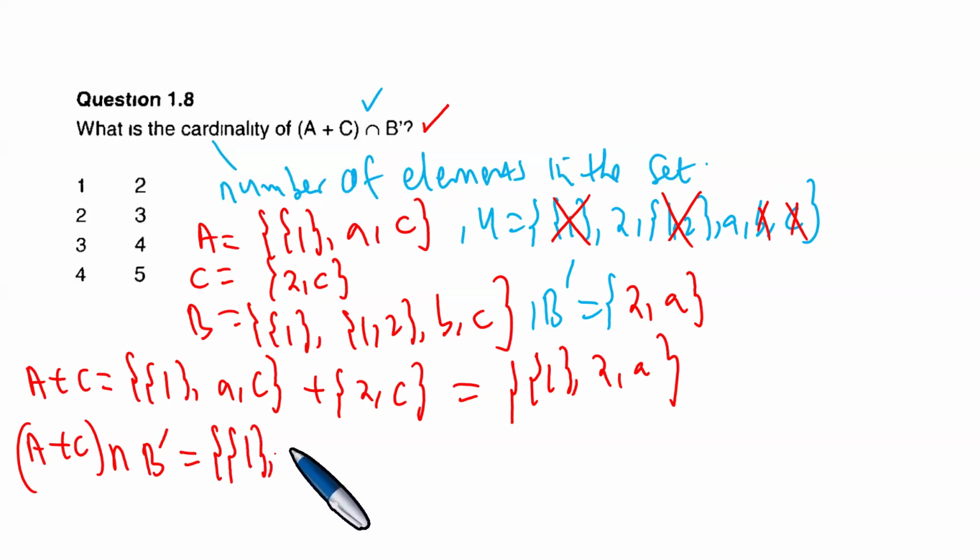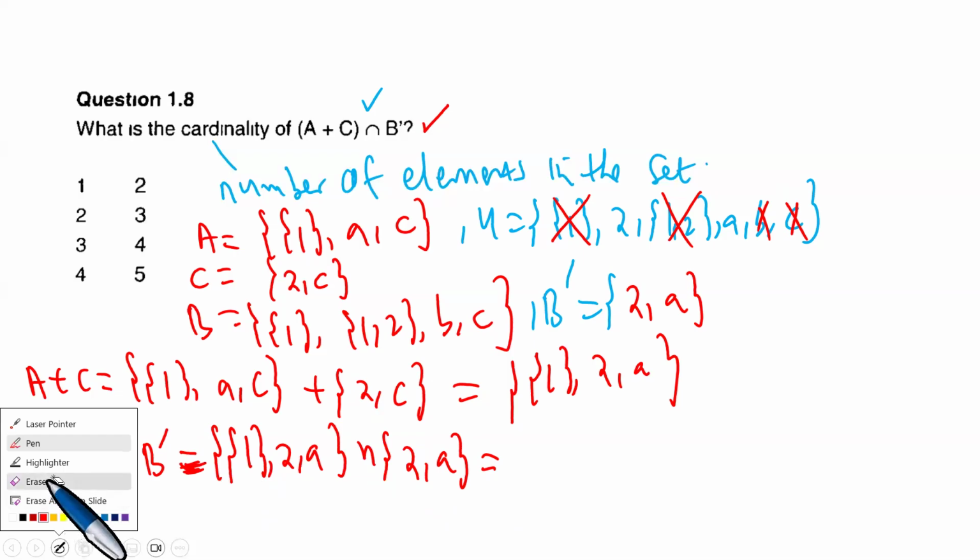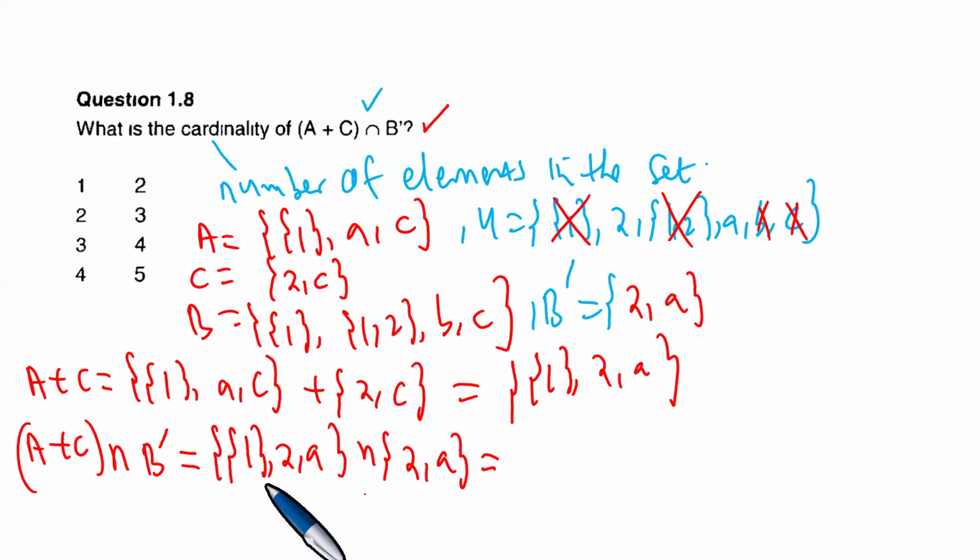It contains 1, 2, and A. Intersection the complement, which is 2 and A. So now let us reason this out together and see exactly what we need to do here. The question then is, what is the intersection? You can see 2 and A are both there, so we have 2 together with A. And therefore, we have 2 elements in this particular set.